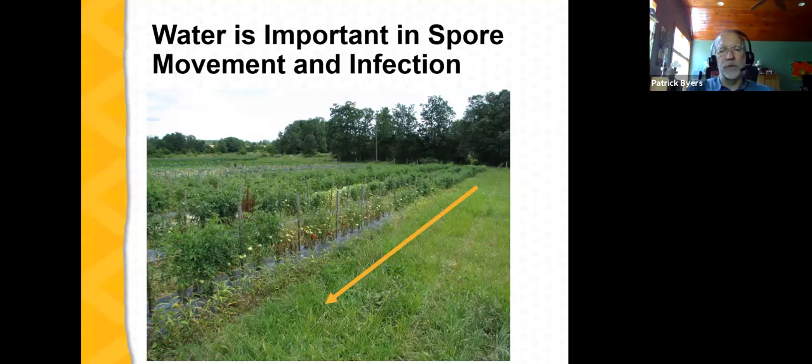And this is a case where those fruiting bodies of southern blight moved in water on top of the mulch, on top of the plastic mulch. And then they were washed into the planting holes where the tomato plants were and caused infection. So again, water movement is important. And when we think about managing fungal diseases, other diseases as well, water management is an important part of that particular strategy.